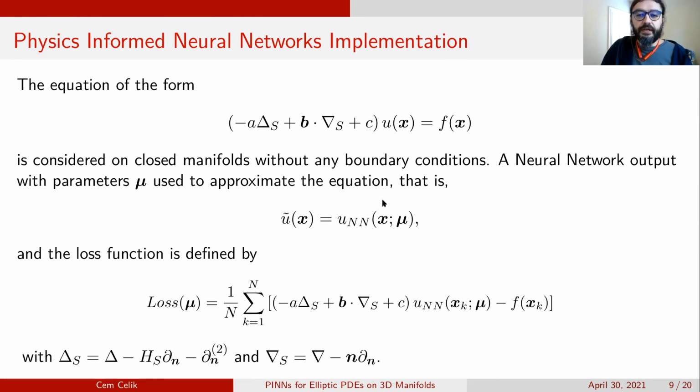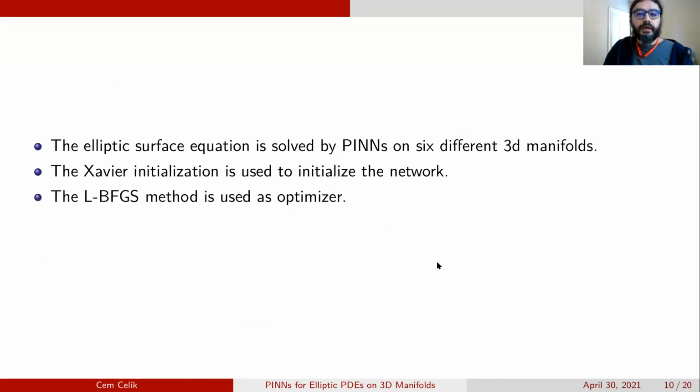They only have the residual of the function as a loss function, as a loss of PINNs, and they use the same operator representations here in the loss term. They considered 6 different manifolds, 6 different surfaces in the equation, and applied PINNs to them.